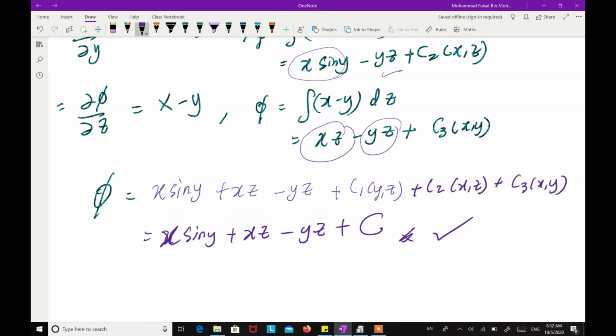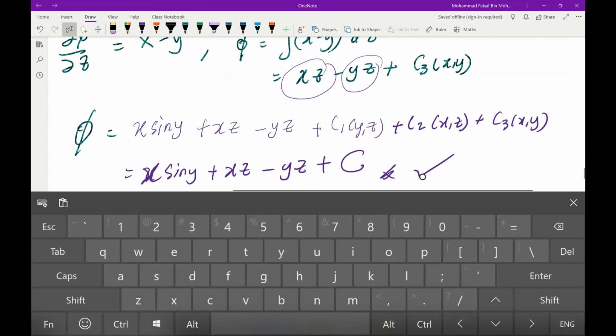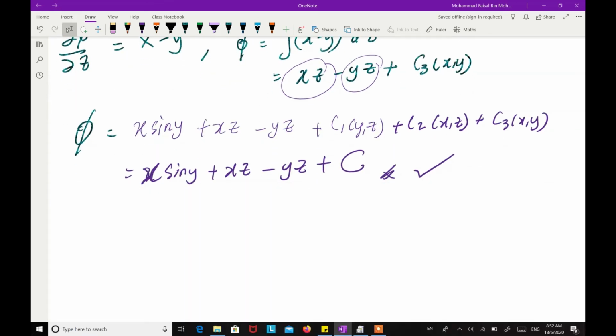Okay, next. Using the above equation, we want to find the work done.